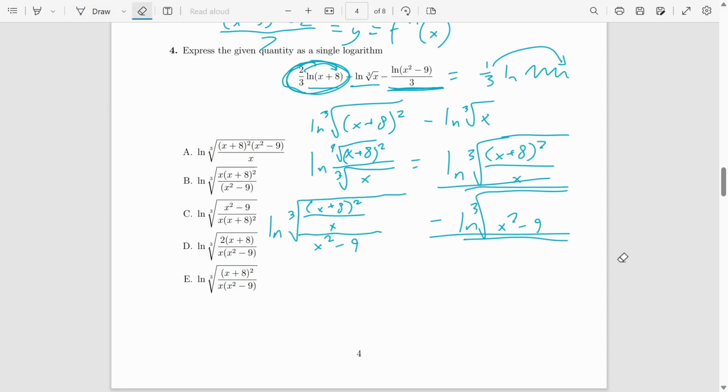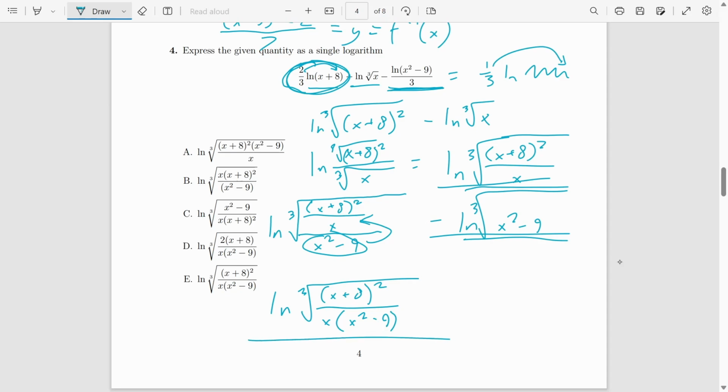This is the same thing as putting this bottom part in the denominator. So we rewrite this as x plus 8 squared all over x times x squared minus 9. And there we go. This is the whole thing rewritten as a single logarithm, which looks like e.